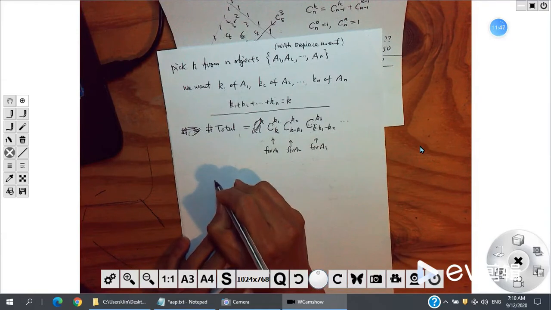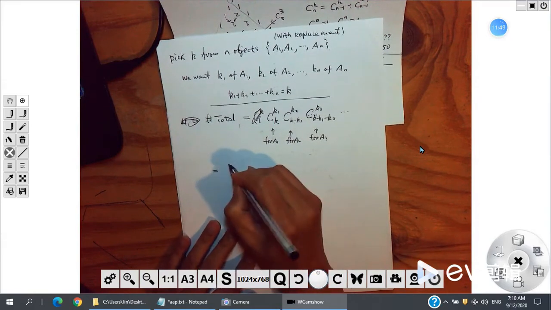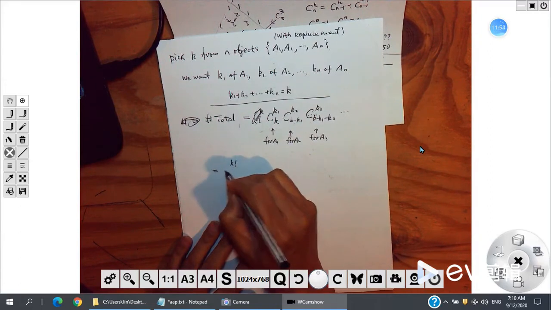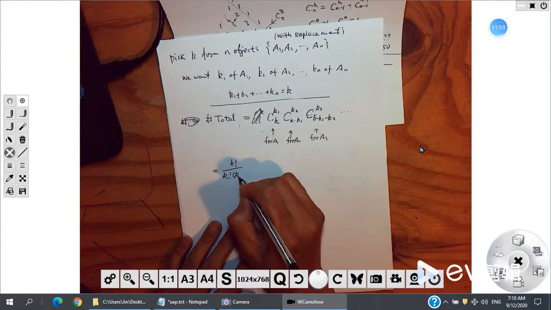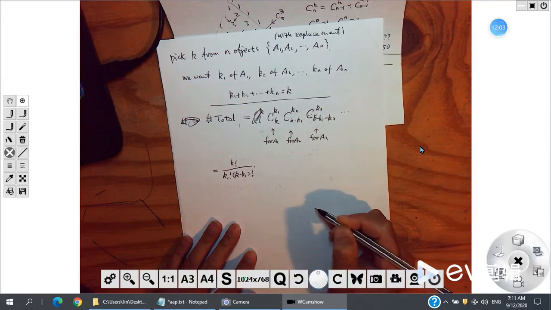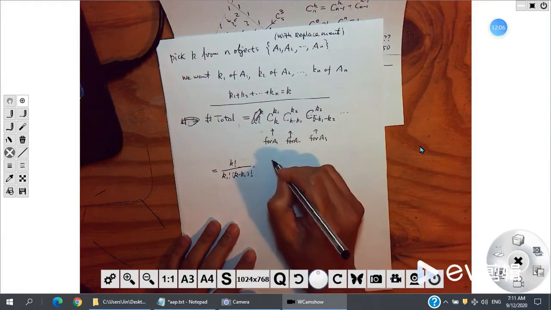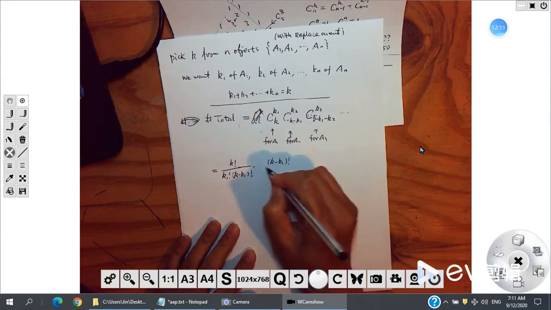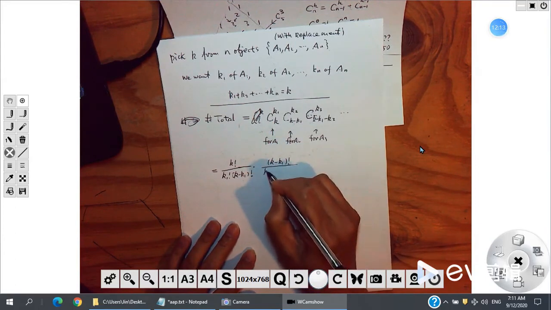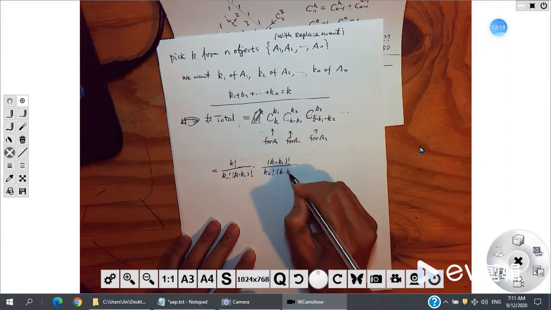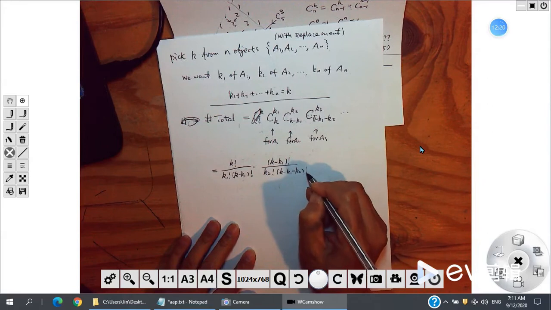Okay, then let me write it out. The first number is k factorial over k1 factorial times k minus k1 factorial. And the second number is k minus k1 factorial over k2 factorial times k minus k1 minus k2 factorial.